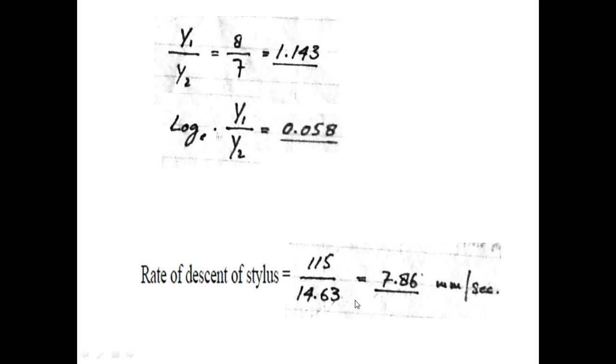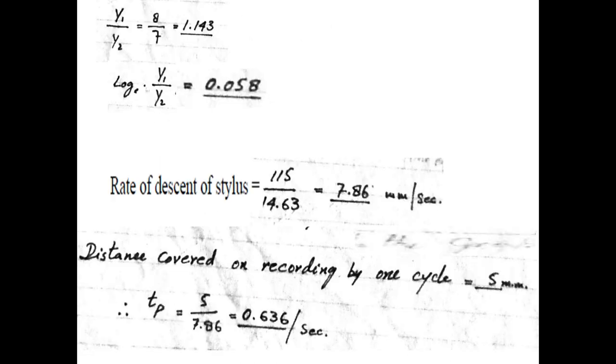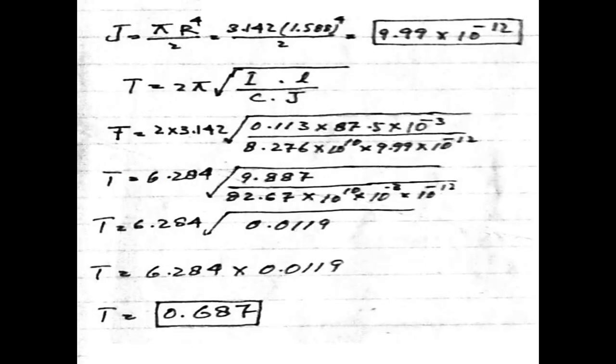For calculating the actual time period, we need to know the pitch, which is 5 millimeters from the graph, divided by the velocity, the rate of descent of the stylus, which is 7.86. Pitch divided by velocity is equal to the actual time period, which is 0.636. The theoretical time period was 0.687 and the actual time period is 0.636.